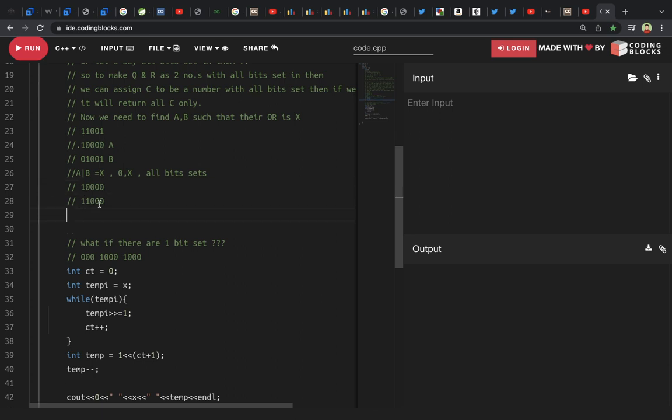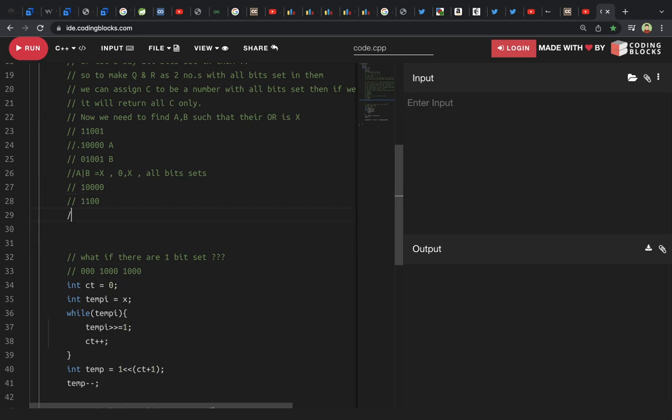Let's say this is the number that is x, so 1 2 3 4, and we can see that the fourth bit is set. Now what we have to do is find a number, let's say 1111. We have to find this number. This will be our c. But how do I find this? I just find the location of the highest bit in x, and left shift 1 by that amount, so I'll get this number.